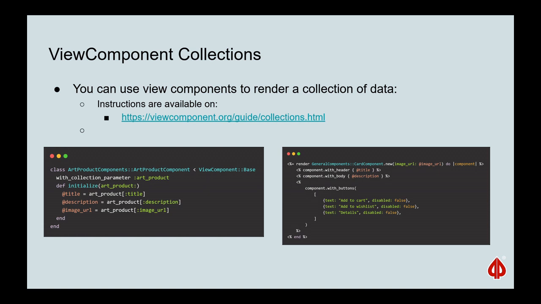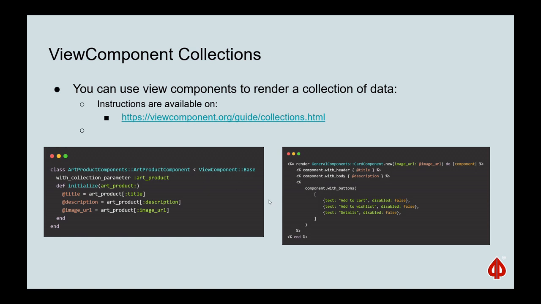You can have the art product components, which is my business logic layer or namespace of the components, and then the art product component, which is actually a card customized for showing the art product. With the collection parameter, I say that the art product is a collection. Whenever I pass the collection, it treats it as a collection and generates multiple of them at the same time.